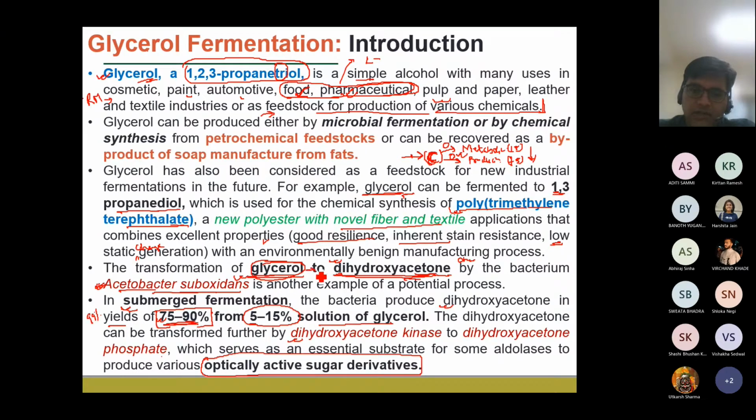Glycerol can be converted into different derivatives, and they are used for different applications, like in this case a sugar derivative for the production of this particular polymer, which has high strength and resilience, and so on. Also, if you are using glycerol from a biological source for the production of any biochemicals, it will be considered environmentally benign.